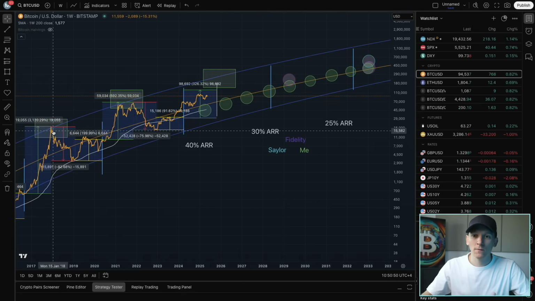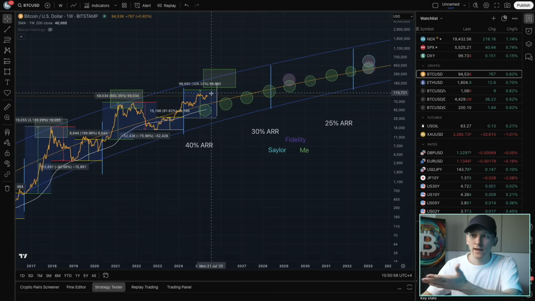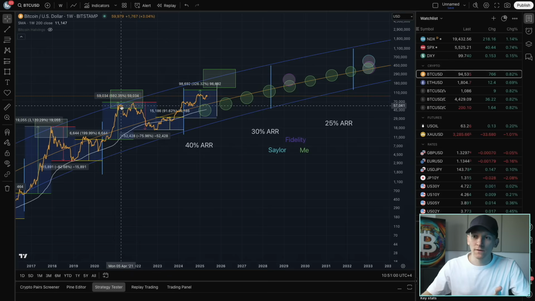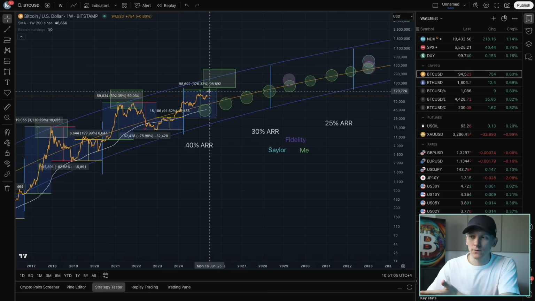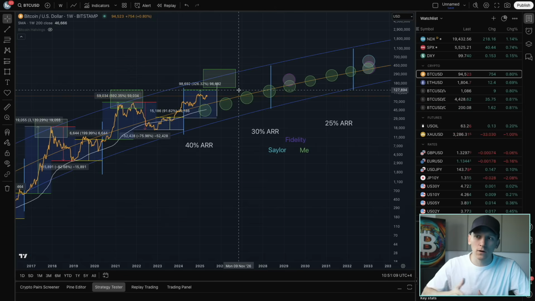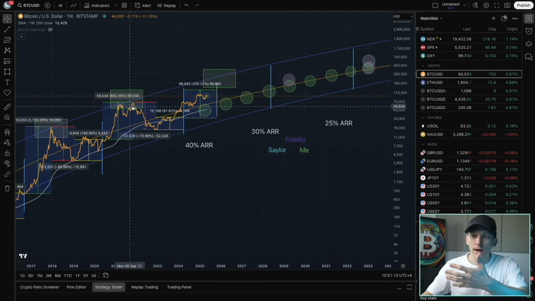If you have a long-term time horizon, it's not the end of the world buying here. If you bought at the top in 2017, you spent $14,000. It's now $100,000. In the last cycle, if you bought Bitcoin at $57,000 at the peak, it's now $100,000, right? So it doesn't matter if you have a longer term time horizon, as long as you buy and certainly buy low.